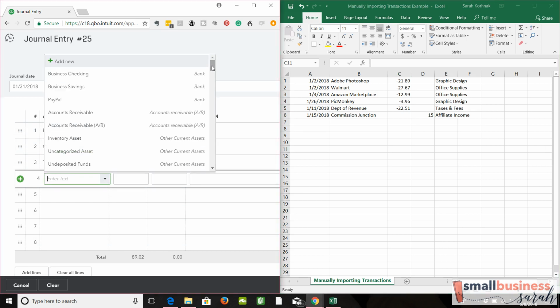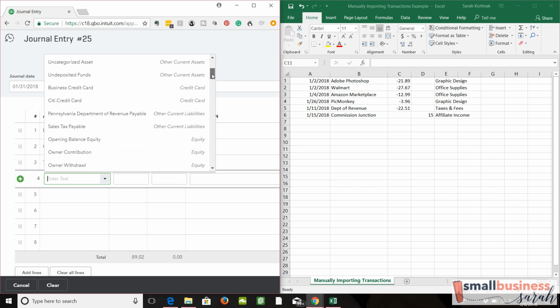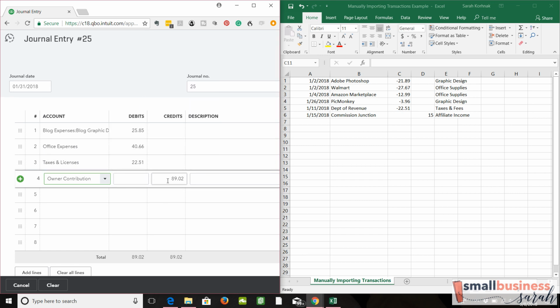The opposite side for this is going to be an equity account, owner investment, owner contribution or investment.